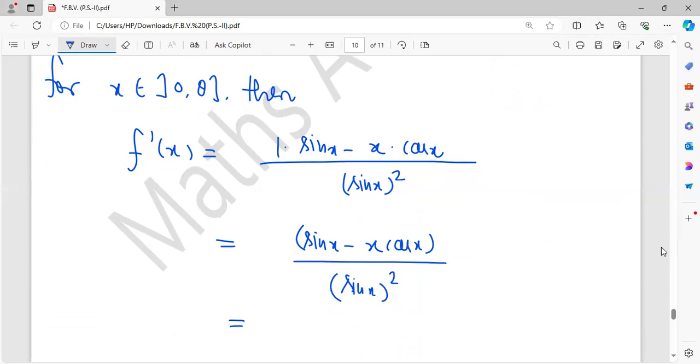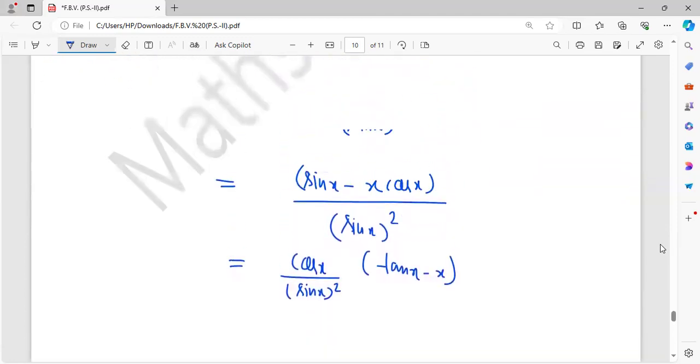So I can take cos x outside. This is tan x minus x.